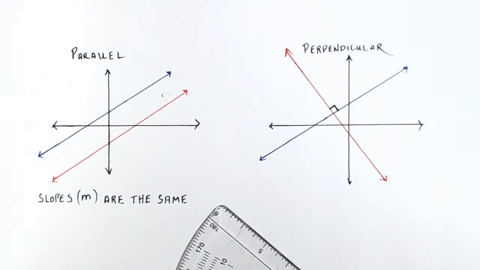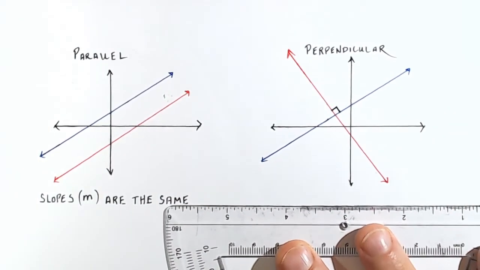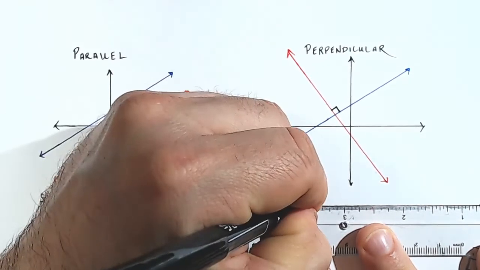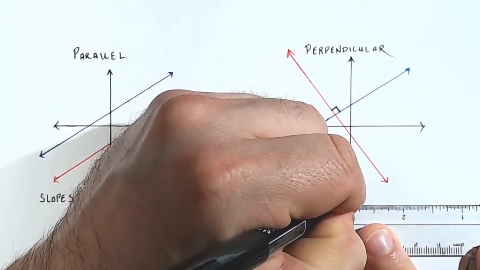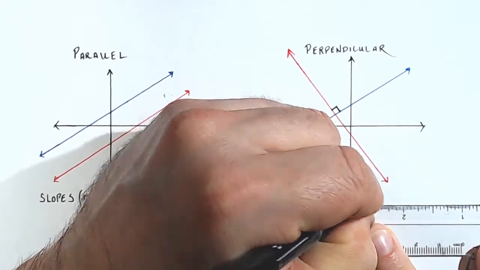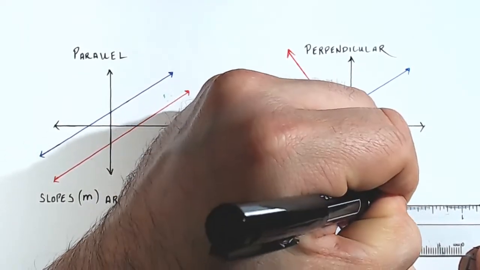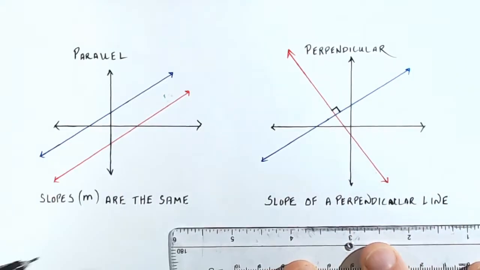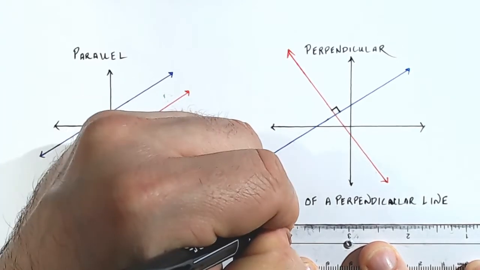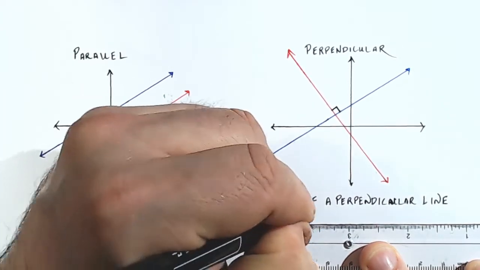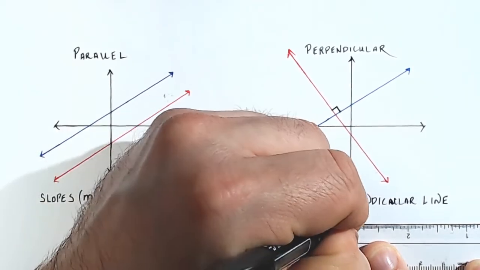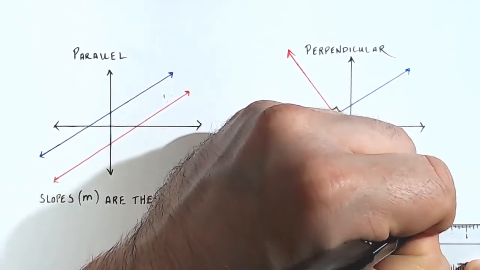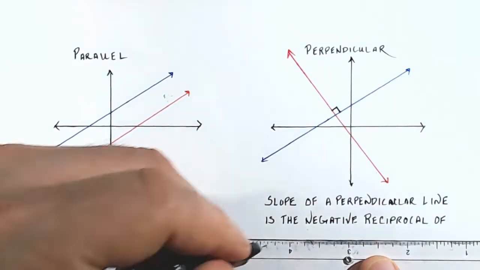Now, this is less obvious, but we have to know that the slope of a perpendicular line is the negative reciprocal of the original line.